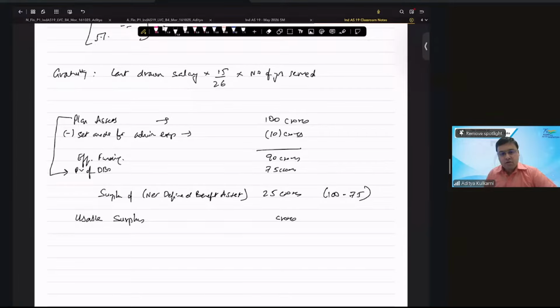So therefore, the amount that is available to you to utilize as an asset is only 15 crores. And therefore, you will restrict your recognition of surplus to the extent of 15 crores. You can pull out 15 crores from the plan.